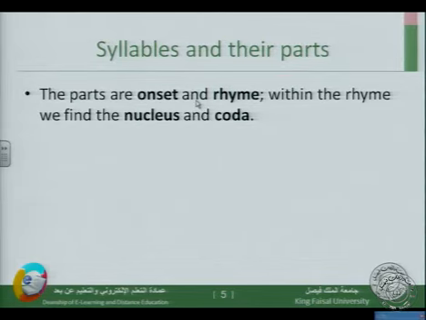Within the rhyme we find the nucleus and coda. الآن حنوضح, we will explain the meanings of onset, rhyme, nucleus and coda through some examples. So just pay attention now. The parts of a syllable are the onset and the rhyme. The rhyme consists of the nucleus and coda.